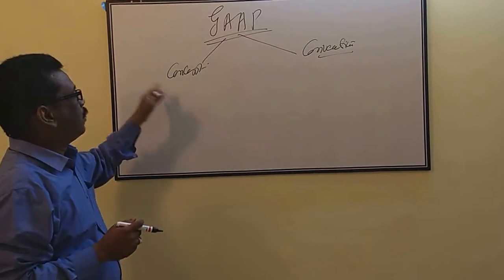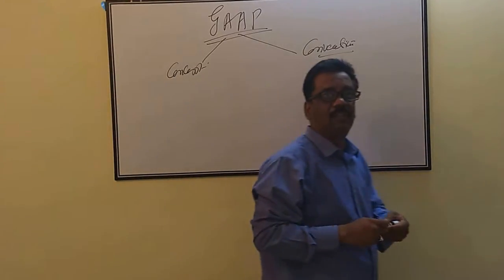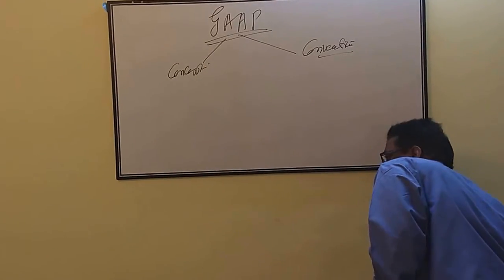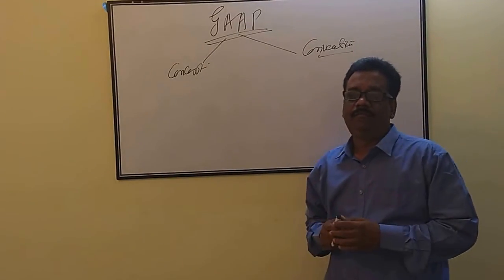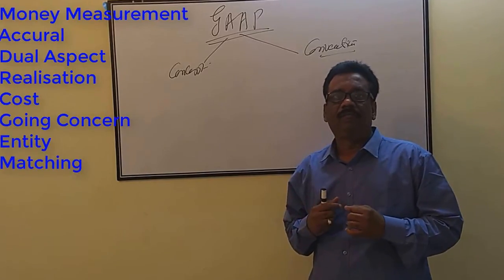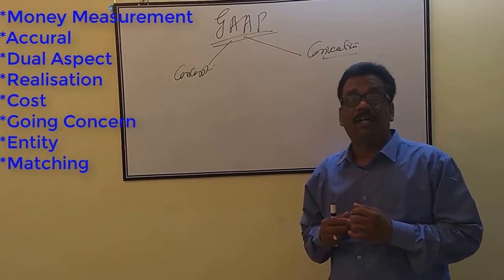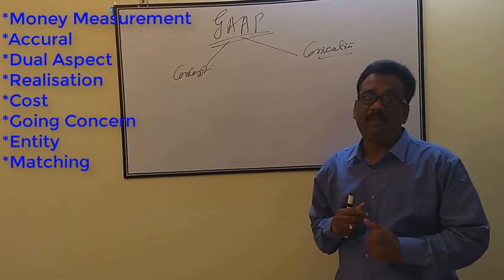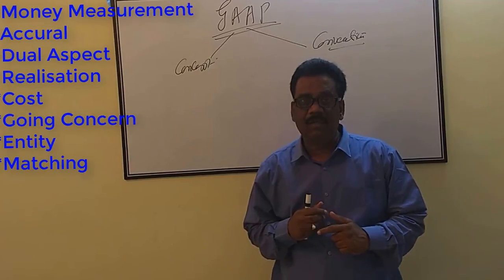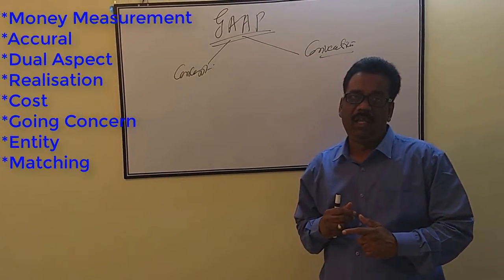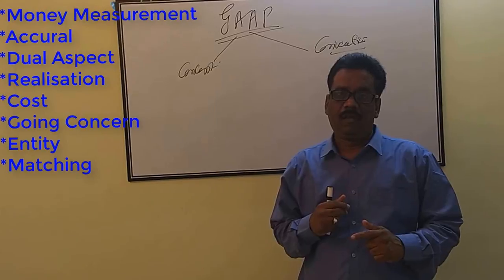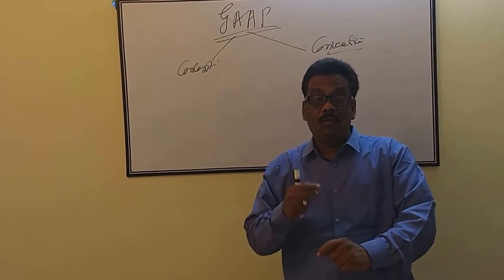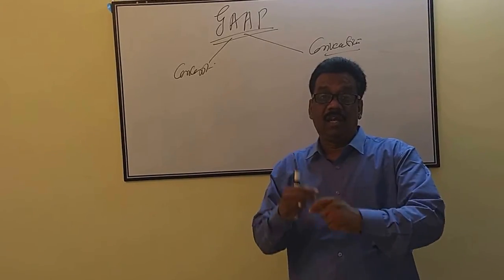Let us discuss the concepts and conventions one by one. Here the concepts are money measurement, accrual concept, dual aspect concept, realization, cost concept, going concern concept, entity and matching. However, there is no hard and fast rule to study these concepts.